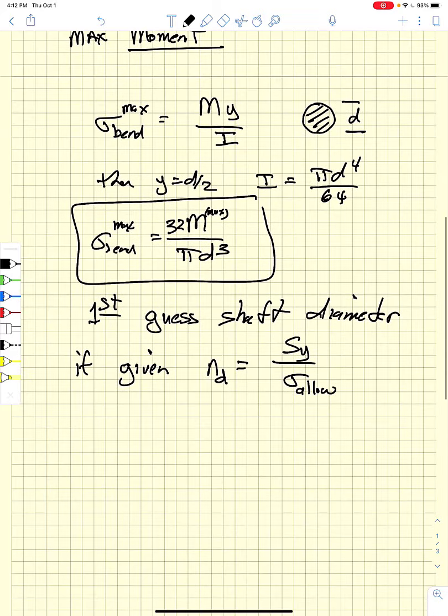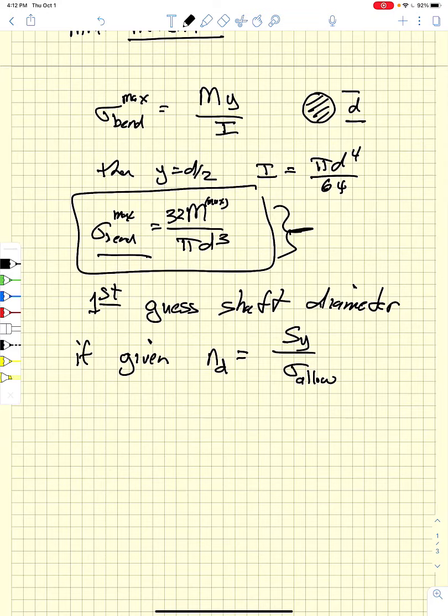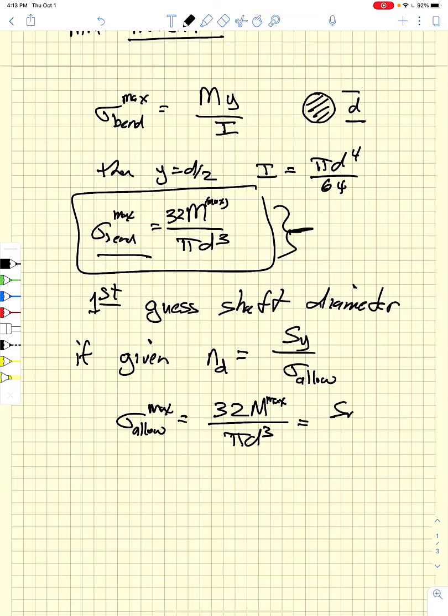The maximum allowable stress is given by this equation right up here. So the allowable is 32 M max, which you can find from your spreadsheet, divided by pi d cubed. That's equal to my yield strength divided by my design factor of safety.